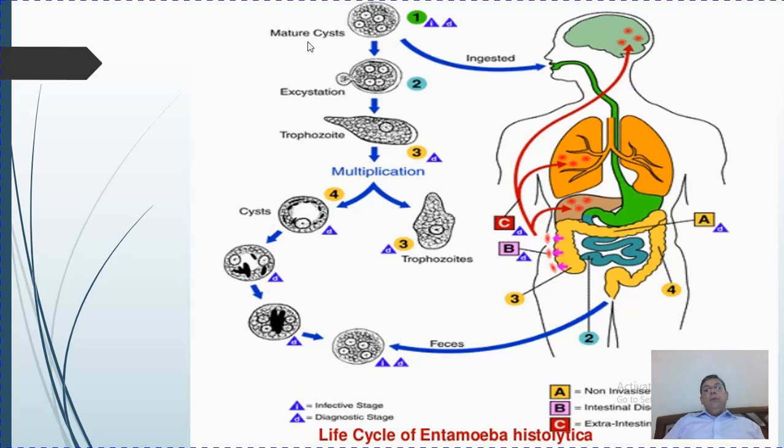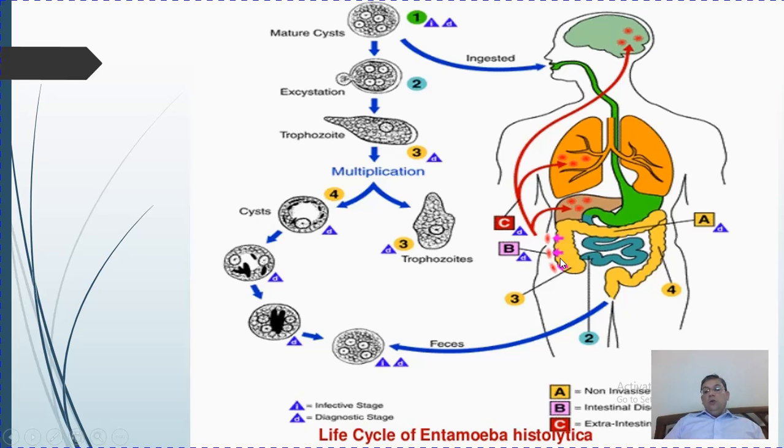After you ingest it, when it goes inside our body, there can be a non-invasive colonization which happens in the cecum, which means the Entamoeba resides there, but it does not form amoebic ulcers, it does not involve the colonic wall mucosa.